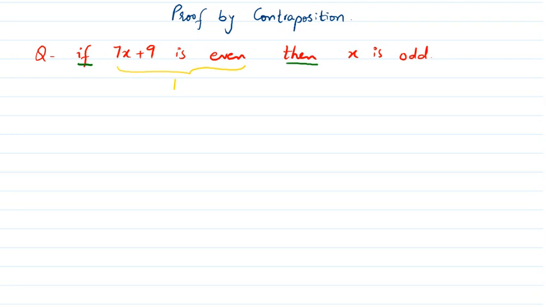So this is going to be my p. Then x is odd. This is another statement, another predicate, and that is in fact q. So this is basically p implies q. And how I'm going to read it verbally: if 7x plus 9 is even, then x is odd.